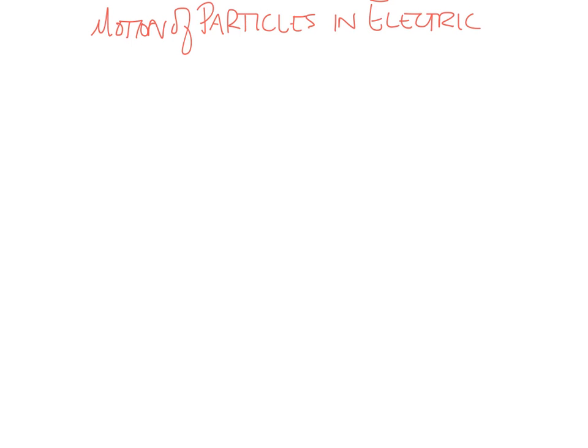So when we're dealing with the motion of charged particles in electric fields, we will approach these problems very similar to everything that we've done in the past. And the way we've approached motion of particles in fields in the past is we've started with a statement such as ET1 is equal to ET2.